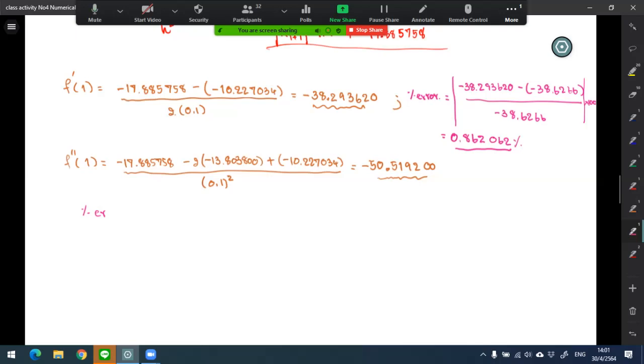Okay, so next, the percent error of the second derivative. What is it?